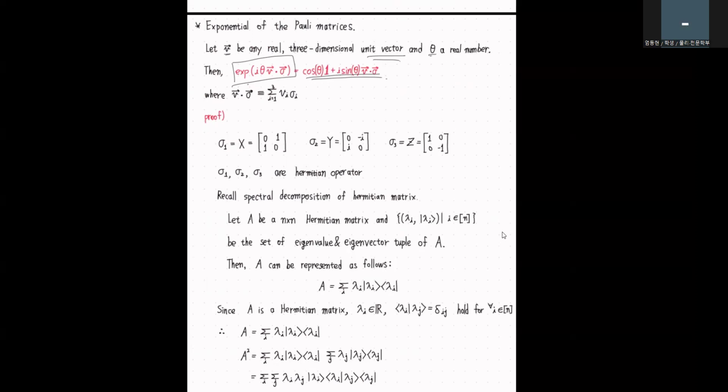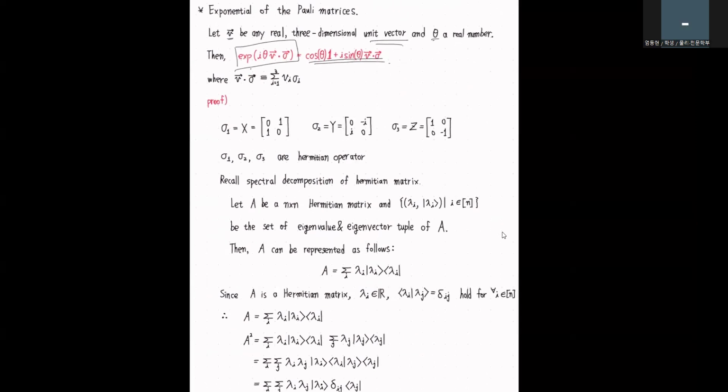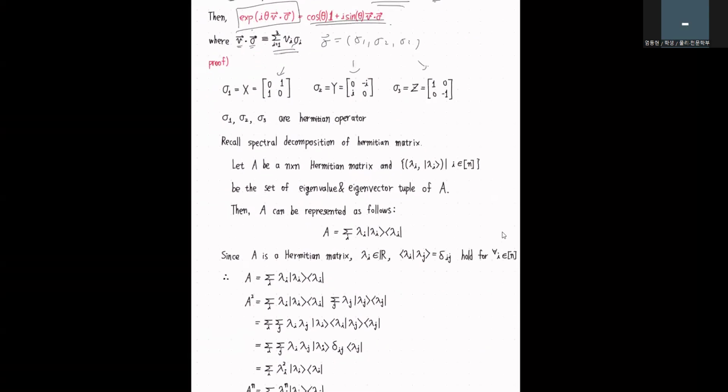we have the dot product of the vector and the Pauli vector, which is just a vector where each entry is a Pauli matrix. This is just bookkeeping notation, a short form for this sum.